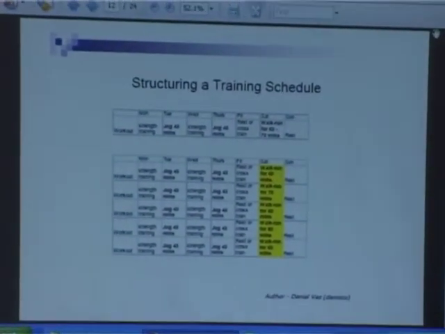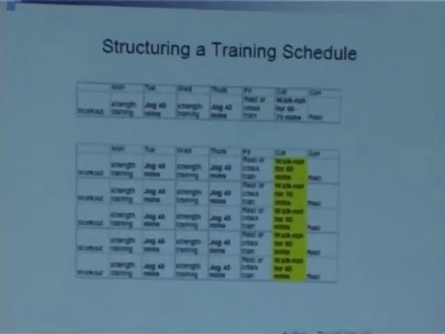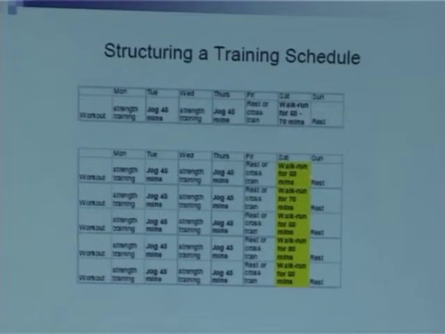In structuring a training schedule, I'm showing you here how to do it. You have your days of the week and you have the number of weeks. So the intent is, when I say optimal recovery and progressive overload, is that let's say you're doing 60 minutes walk run on Saturday. You go to 70 minutes walk run on the next Saturday.